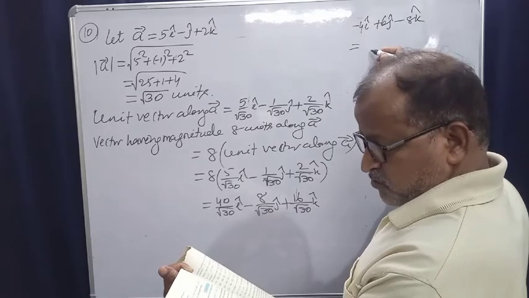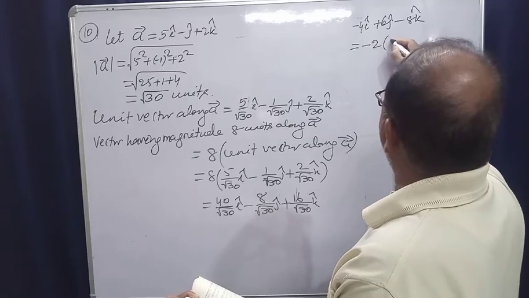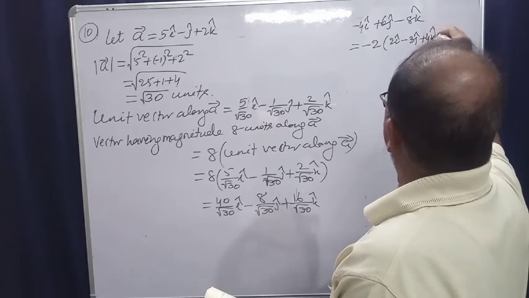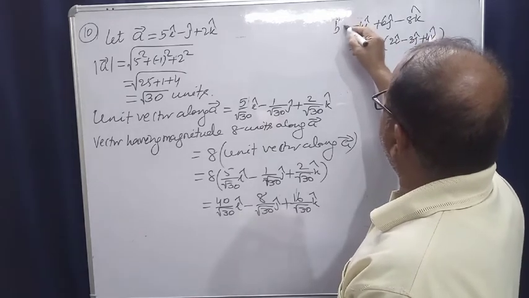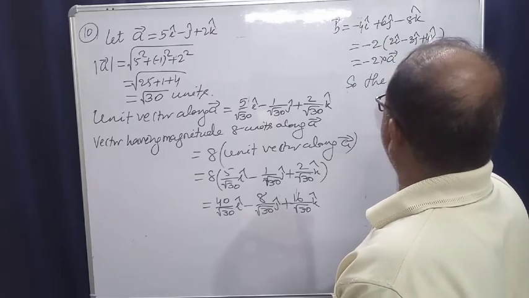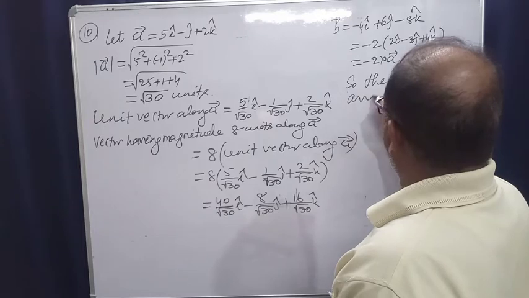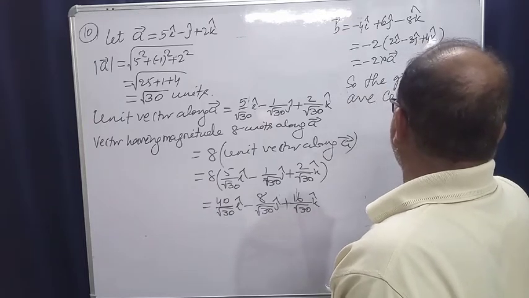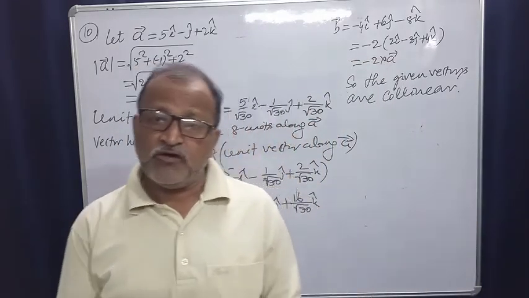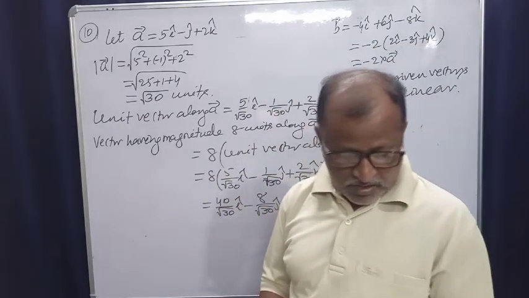This is equal to, I will take minus 2 common, it will be 2 i cap minus 3 j cap plus 4 k cap. Suppose it was vector B, which is equal to minus 2 into a cap. So the given vectors are collinear because one is the scalar multiple of the other. Two vectors are collinear if one is the scalar multiple of the other, right?